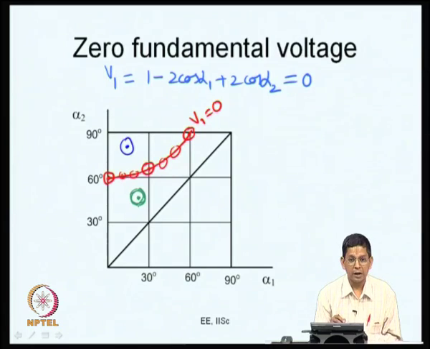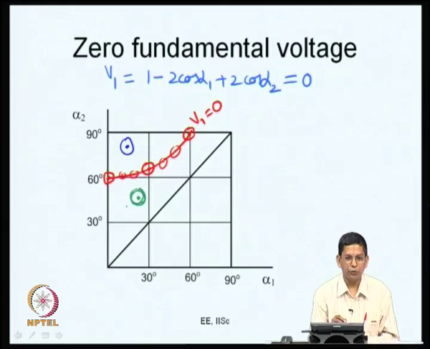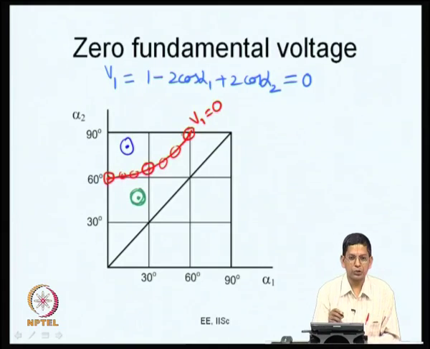Similarly, let me say that the fifth harmonic component at this point is very high. So, in the neighborhood of this point, the fifth harmonic component will be fairly high. So, if you understand V1 is equal to 0, several operating points corresponding to V1 is equal to 0, you can reasonably understand the neighborhood.